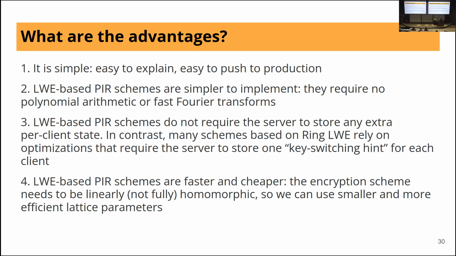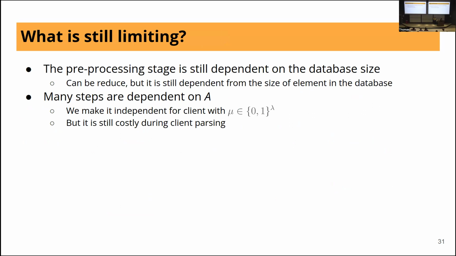I highlight this because if you check the literature on some of the schemes based on ring learning with errors, you will realize that the server also has to store a hint which is related to the clients. In this case, we don't have to store that. And of course, LWE-based PIR schemes are faster and cheaper because the encryption scheme is linearly and not fully homomorphic, so we can actually use smaller and more efficient parameters. But it is still limiting.